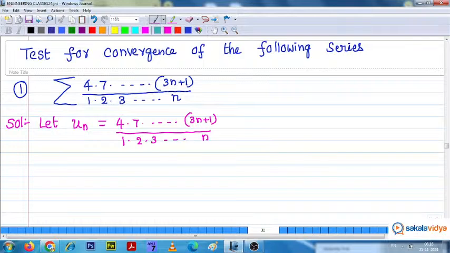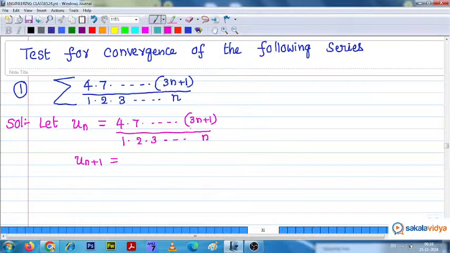Now in this case, first we need to find u_(n+1). For u_(n+1), in the last term of the numerator and in the nth term of the denominator, we need to replace n with n+1.